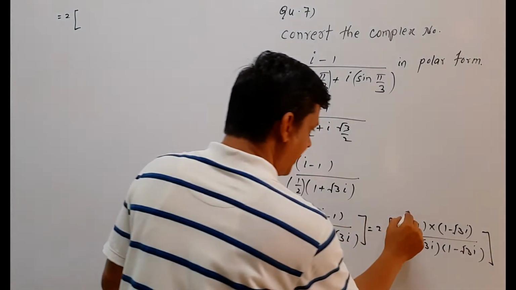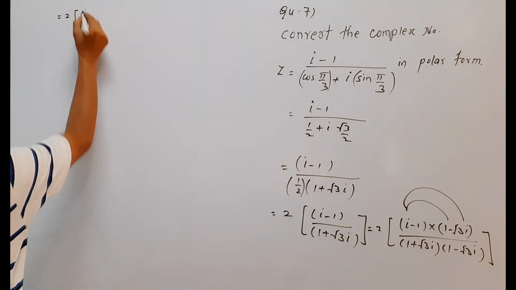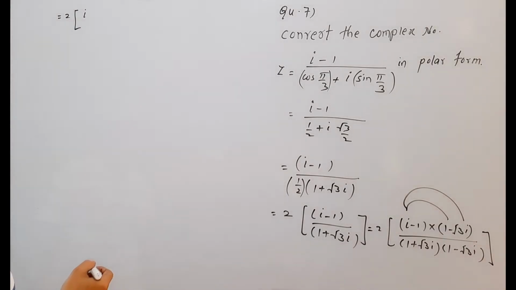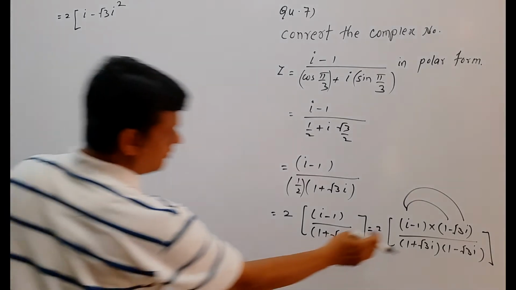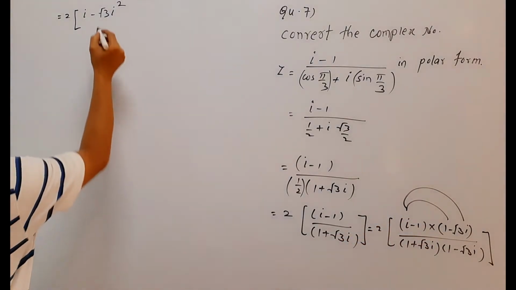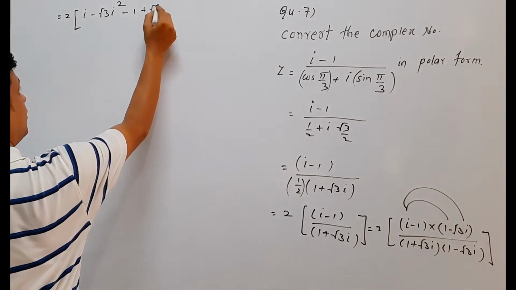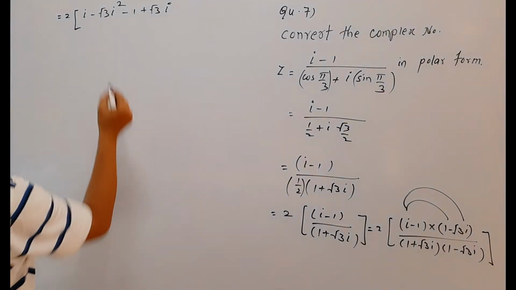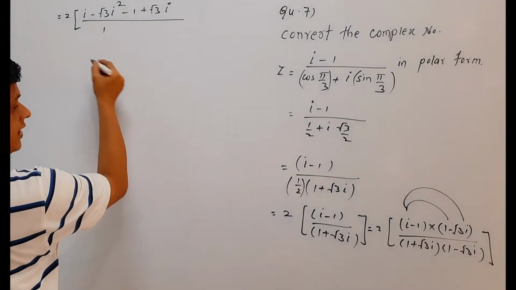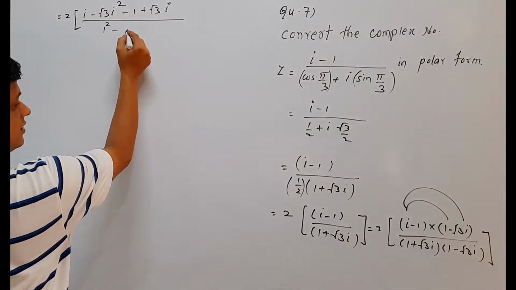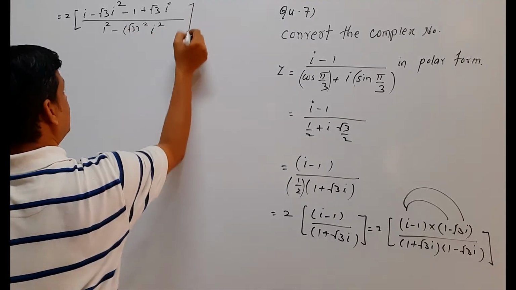So multiply the numerator. We multiply by i to both the terms of the second bracket. So i into 1 we get i, then minus root 3 i square, then multiply by minus 1, so minus 1 into 1 we get minus 1, then minus minus plus root 3 i, upon, we have to use the (a plus b)(a minus b) form, so 1 square minus root 3 i whole square.